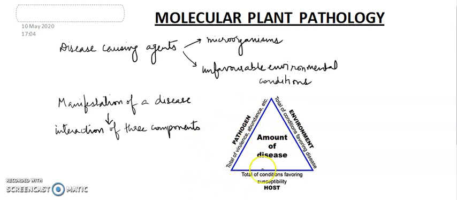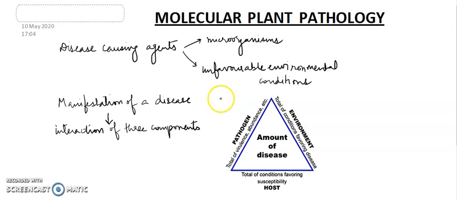The area that is covered by this triangle, by the disease triangle, is the amount of disease. So if any one of the sides is more, say we have the environment side being more, even then the area increases and the amount of disease will be more. Or if the pathogen side is bigger, again the amount of disease will be more. So this triangle represents how much disease can happen in a particular plant.